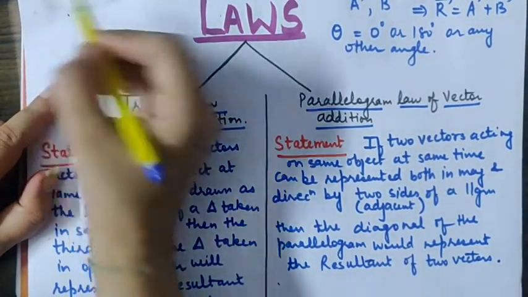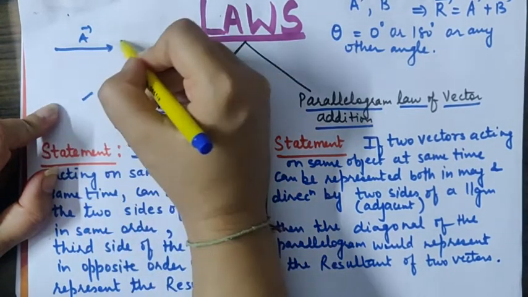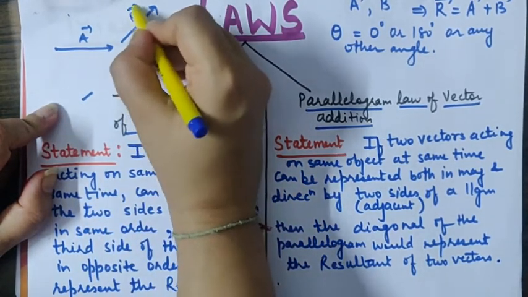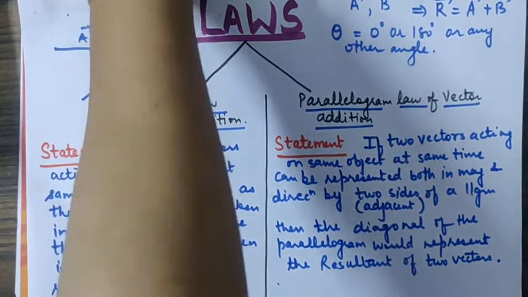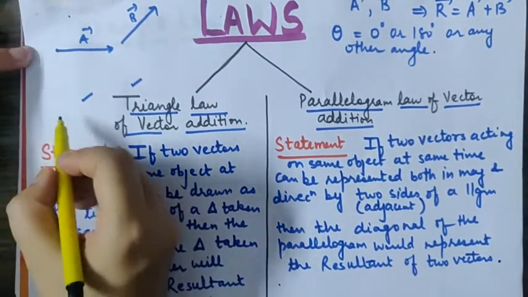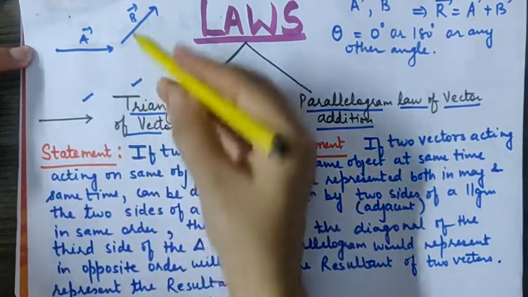Suppose these are two vectors acting in space. Suppose this is vector A and this is vector B. They are acting in space. So what are they asking us to do? We have to represent these two vectors as two sides of a triangle taken in the same order. So suppose this is the first vector and the second vector.